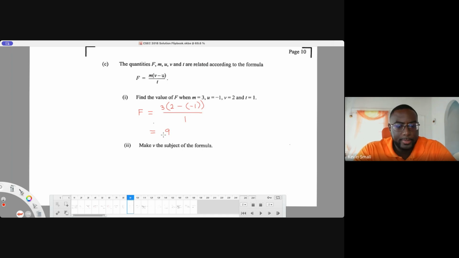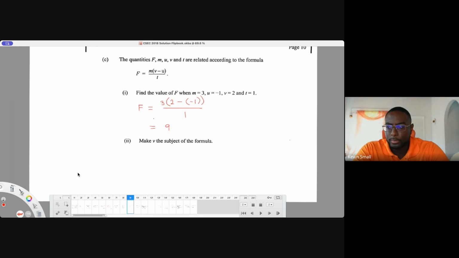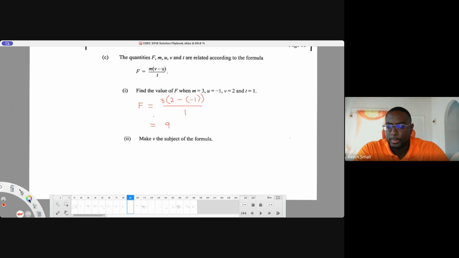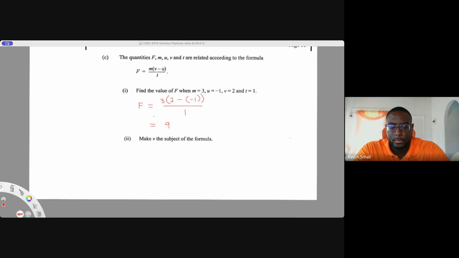All right. Now, rearranging the formula. I wonder if anyone got that one or anyone has an answer for the rearranged formula. Of course, all I can hear is my fan, so I'm not too sure if you all got through that part or not.